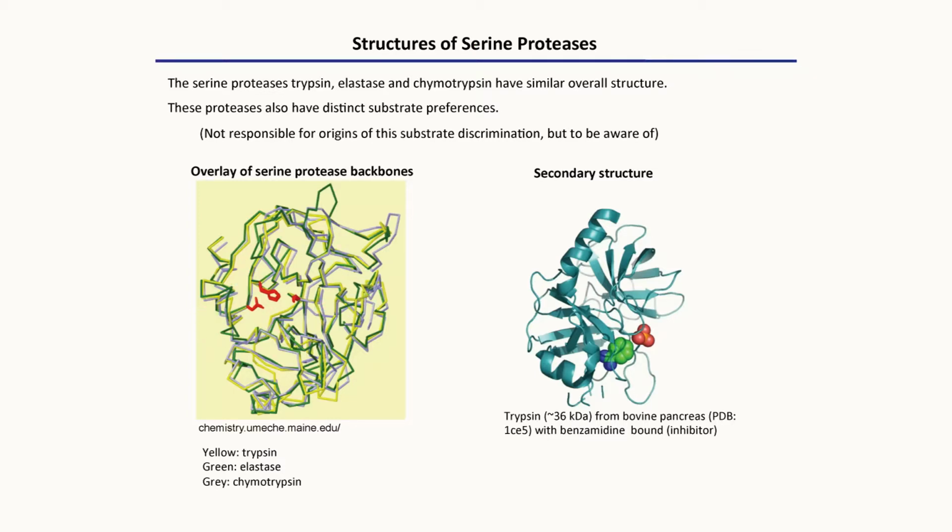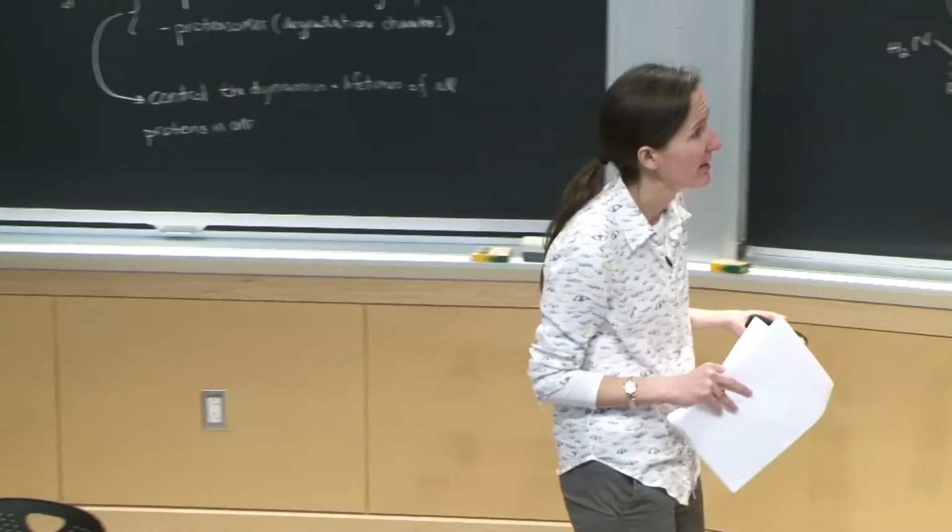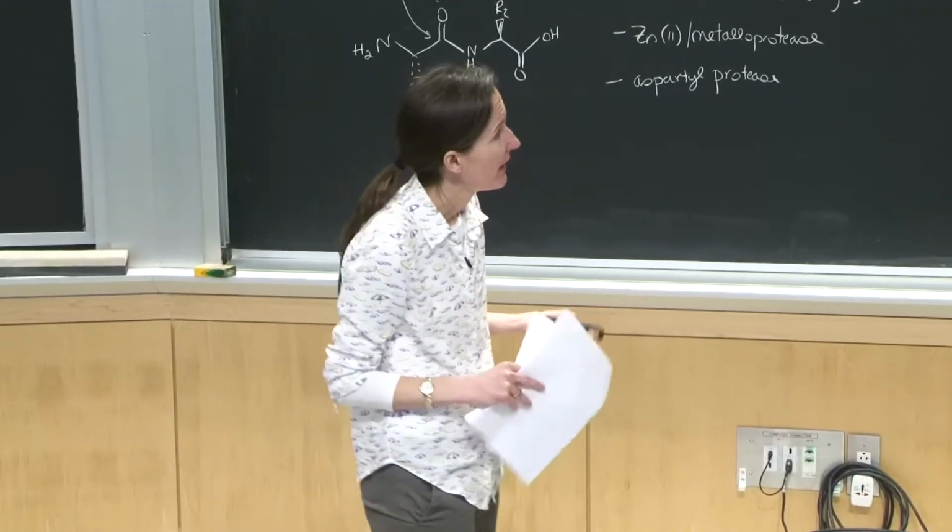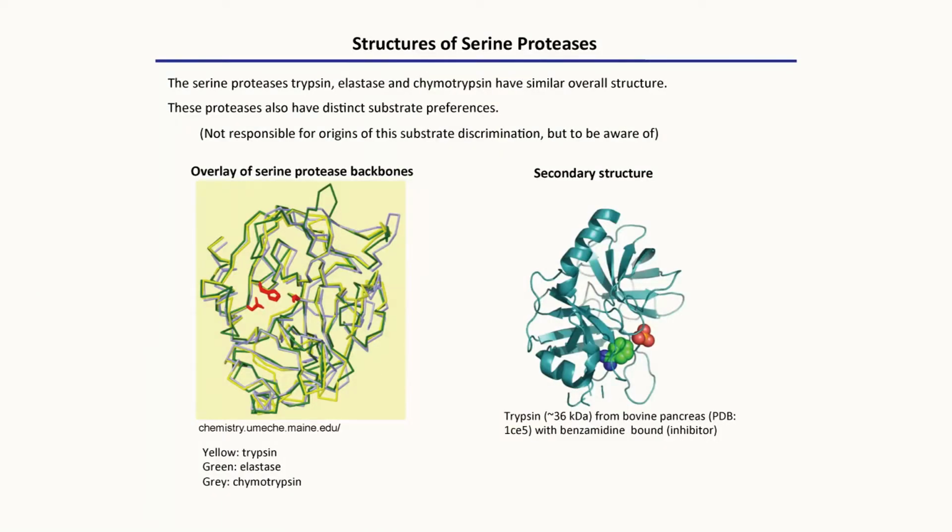Okay, so despite this similar overall structure, they have distinct substrate preferences. And it's just something to be aware of, so you're not responsible for the origins of this substrate discrimination. And here's just a view showing more about the secondary structure of trypsin shown here. And in this case, there's an inhibitor bound.